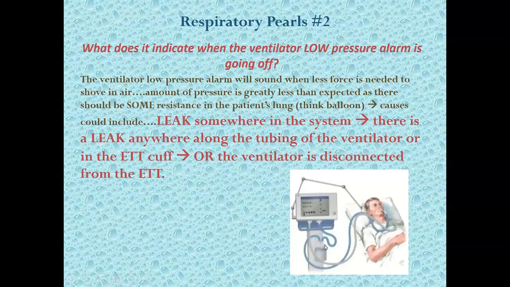Well, if there's a leak anywhere in the tubing, if it's disconnected at any one of the sites, then that means that the ventilator is blowing air into the room, and the room does not offer any resistance. Lungs always offer some kind of resistance, maybe not as much for some patients as other patients, but there's always some kind of resistance there. It's not butter. There's resistance in the lungs, even with the stretch.